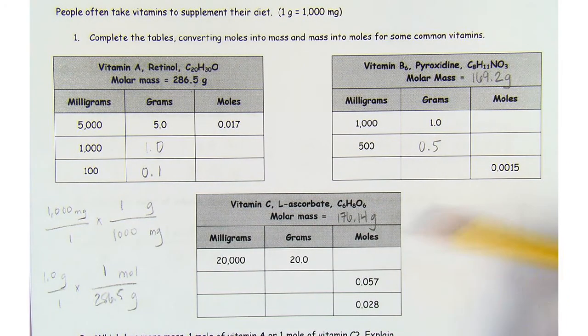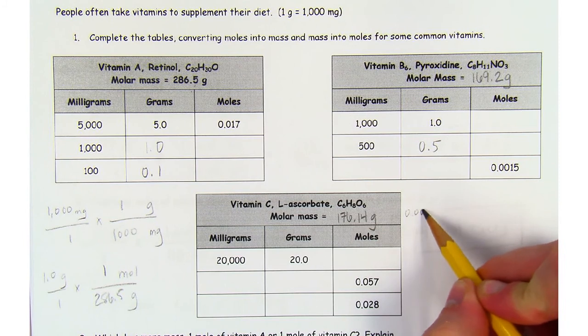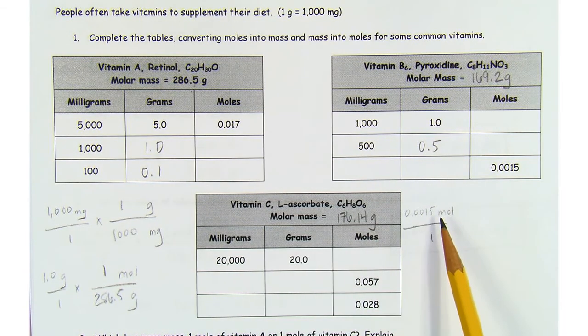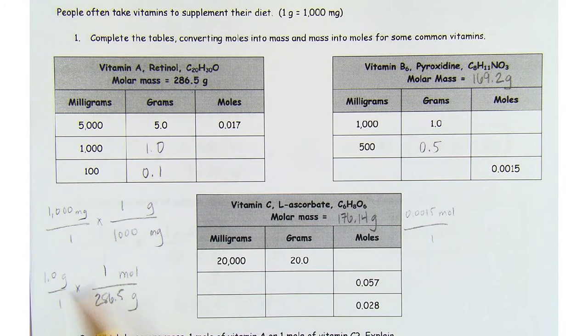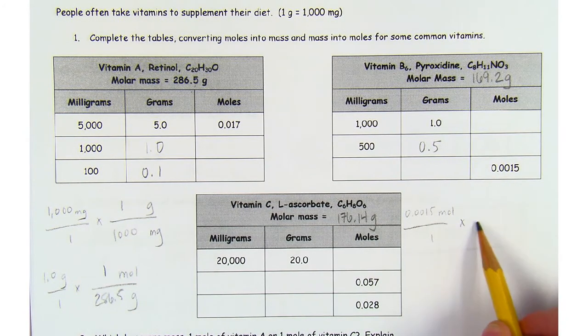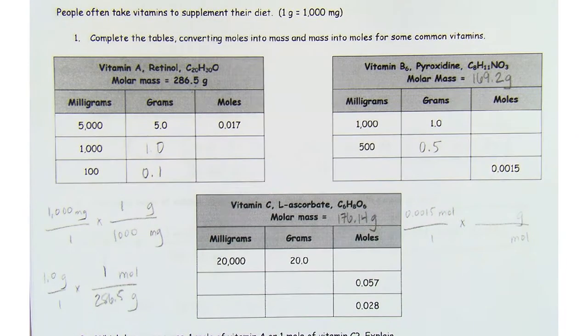And down here, these where it gives you moles is a little bit different. It's a little bit tricky, so I'll do one for an example. I start with what I was given. Notice this time that my units are moles. Over here the units were grams, here it's moles, because it came from this column. Now instead of grams on the bottom, I want moles on the bottom, and I want grams on the top.